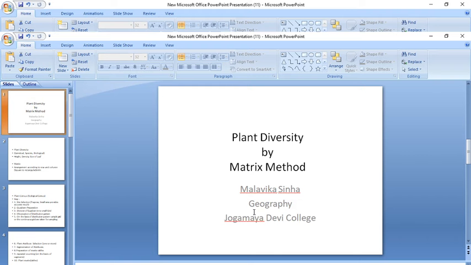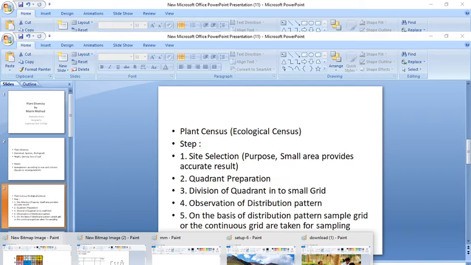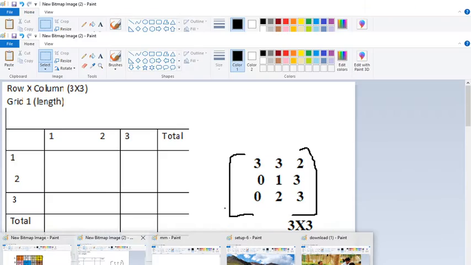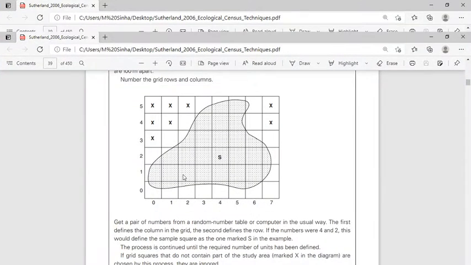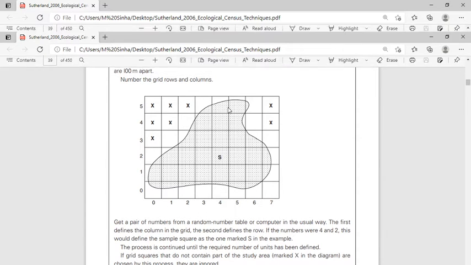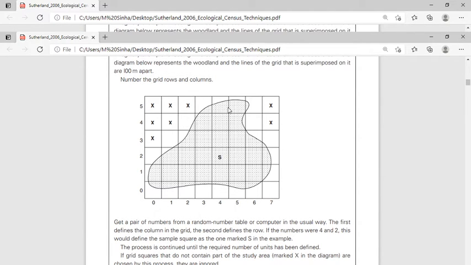Go through the slide for the selection of the sites. Suppose this is an area. It may be a mapped area from the topographical sheet, maybe a randomly chosen area in your neighborhood, a known park, an unknown park, a tract of forest land, any kind of land. You can identify that kind of area.